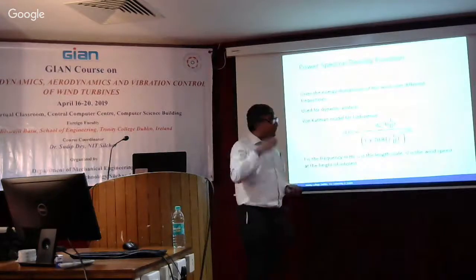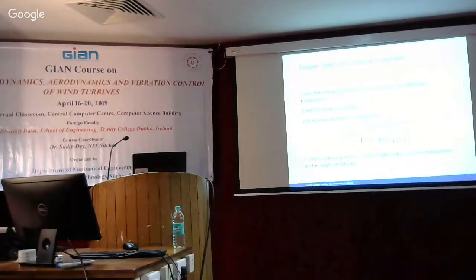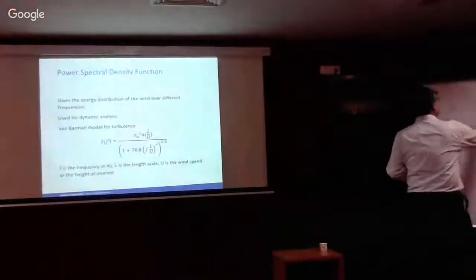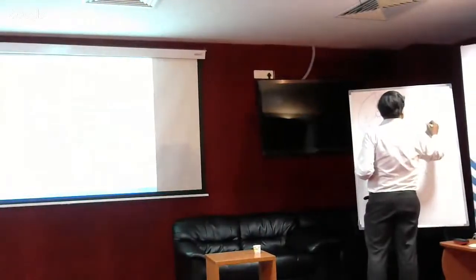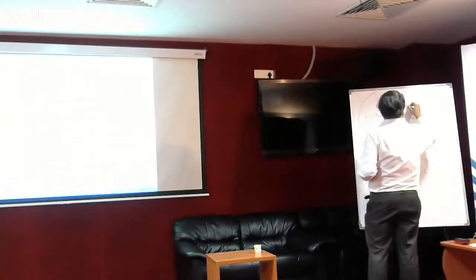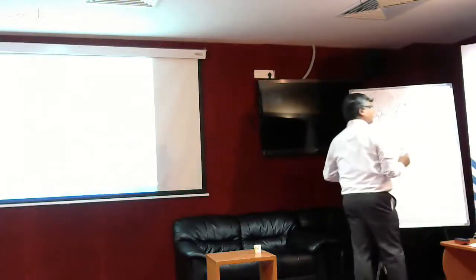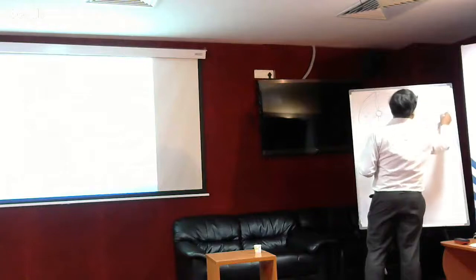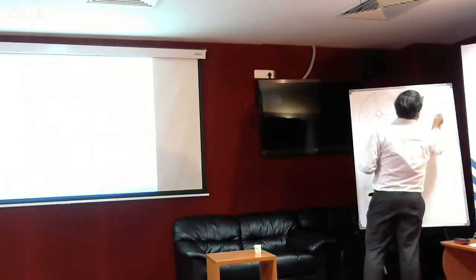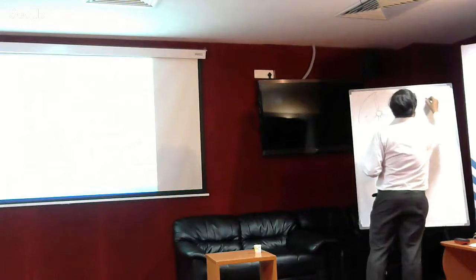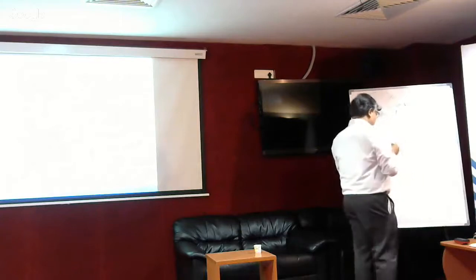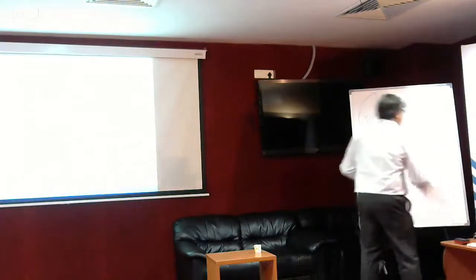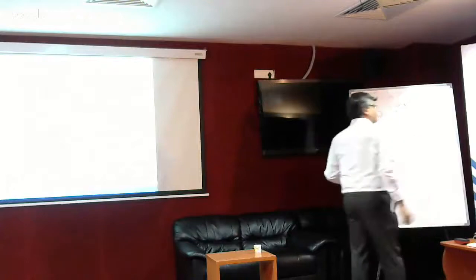As you know, if you look at the scales of decay, Kolmogorov did a dimensional analysis of the Navier-Stokes equation, and he showed that for the turbulence energy spectra, obviously it's something like this, but this decay is of the order of minus 5/3.